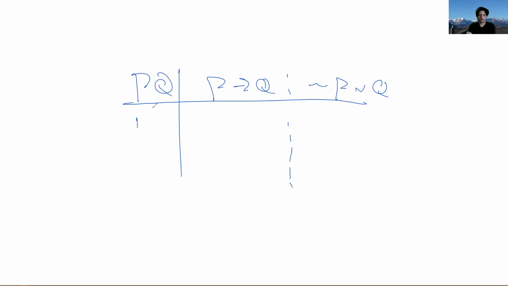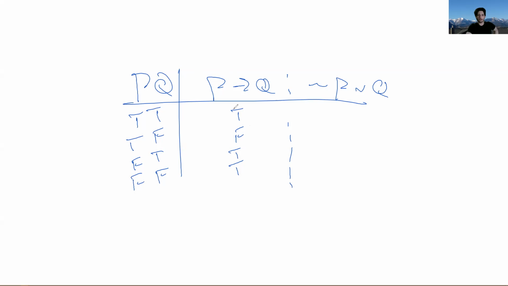So if you're saying if P then Q is true, or well, let's think about the other way.